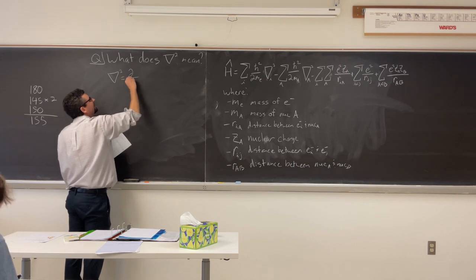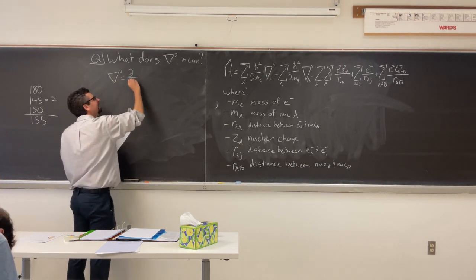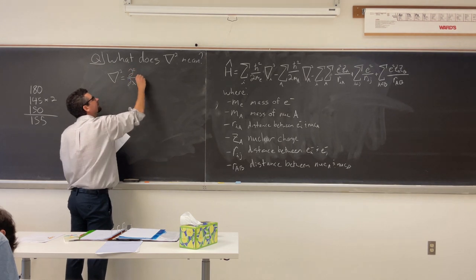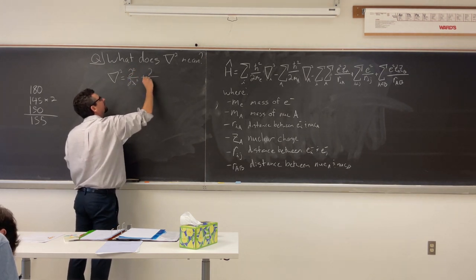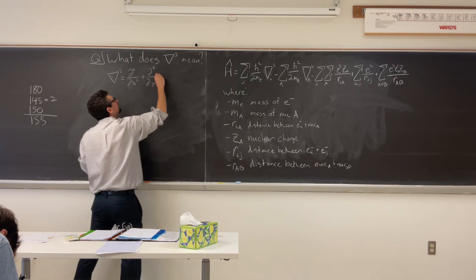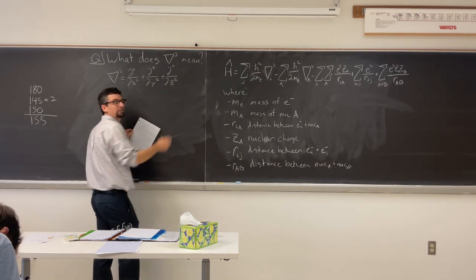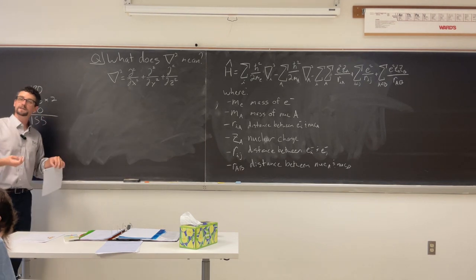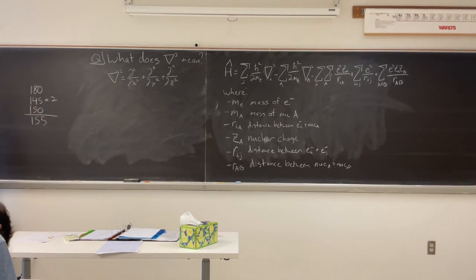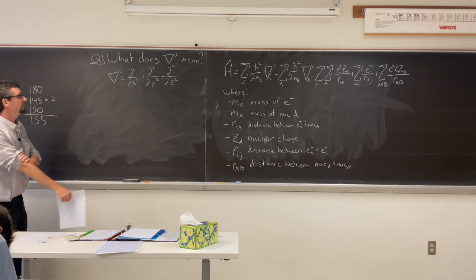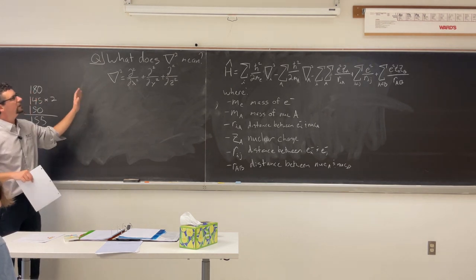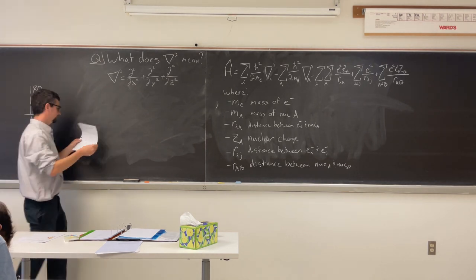It's a partial of x squared, plus a partial of y squared, plus a partial of z squared. Yep. And sometimes there's other stuff with r's. When it's spherical polar coordinates, there's a bunch of r's and thetas and phi's, which I don't want to talk about. This is known as the gradient.